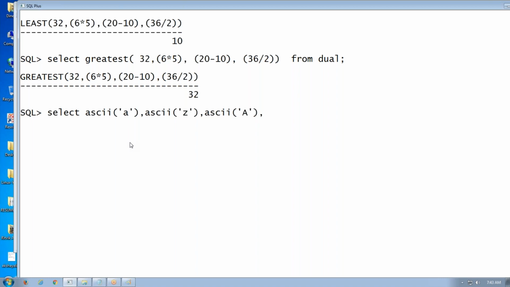And also another one is ASCII of capital Z. I am printing the small a ASCII value, small z ASCII value, and the last ones are capital A and capital Z.